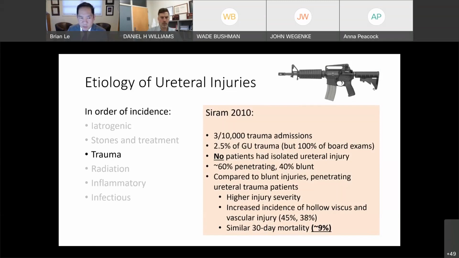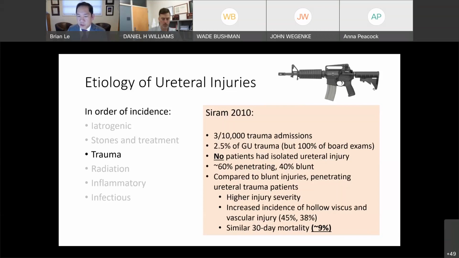Trauma is probably the third cause, because of the location of the ureter. Penetrating trauma is much more likely to be the cause of ureteral injury than blunt trauma. To get to the ureter, there is likely injury to other structures.